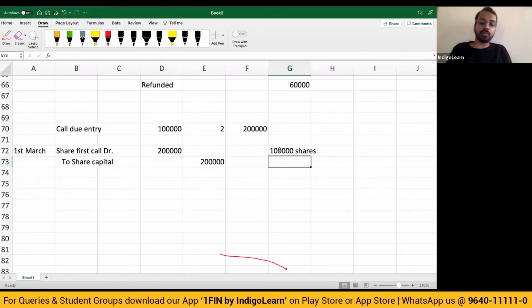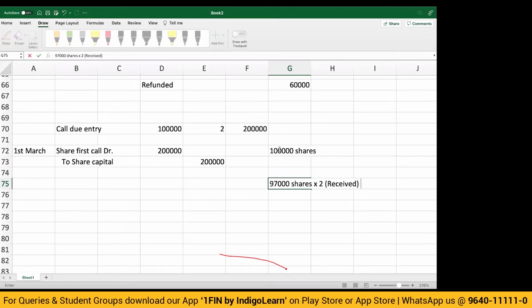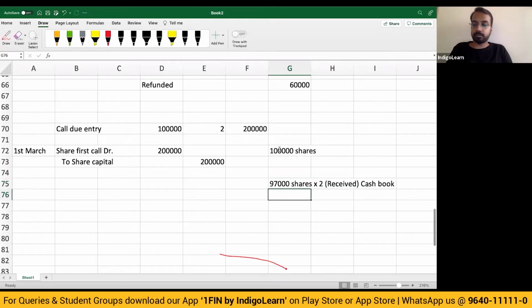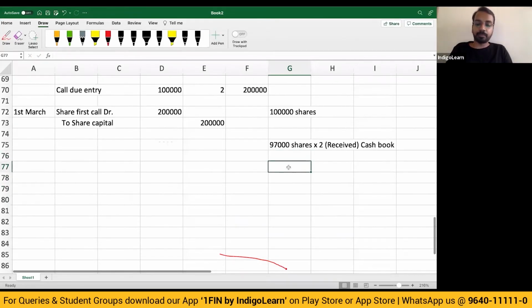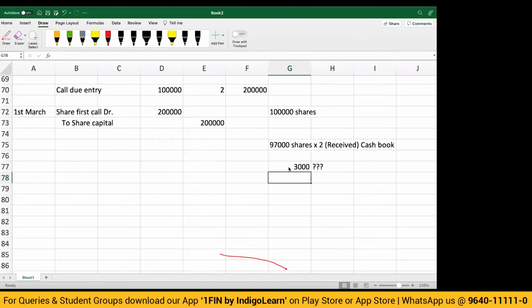So 97,000 you will receive cash. Received. This will go to your cash book. Okay. And for the balance 3,000, what will you do? Calls in arrears. You will transfer it to calls in arrears.